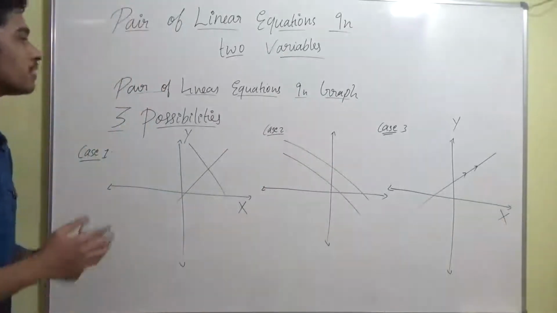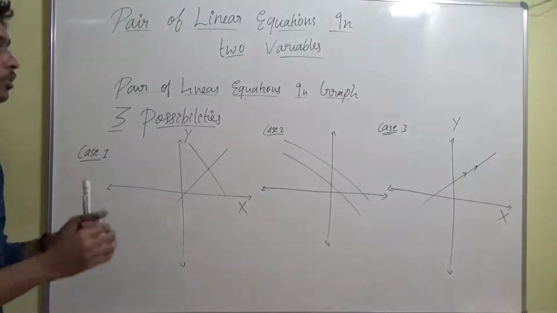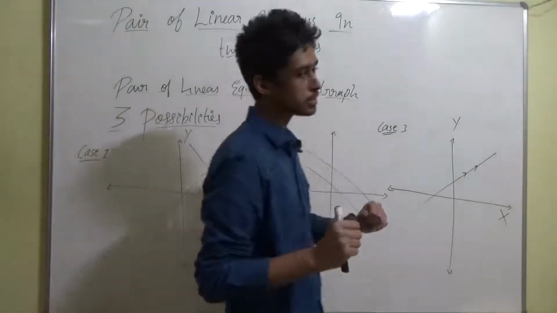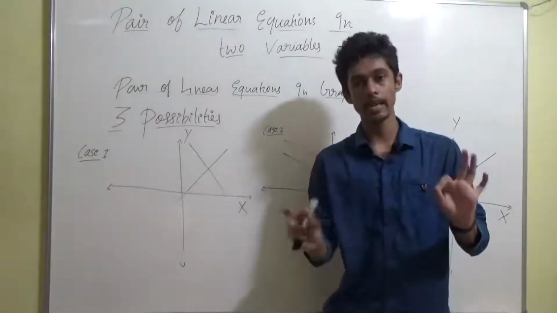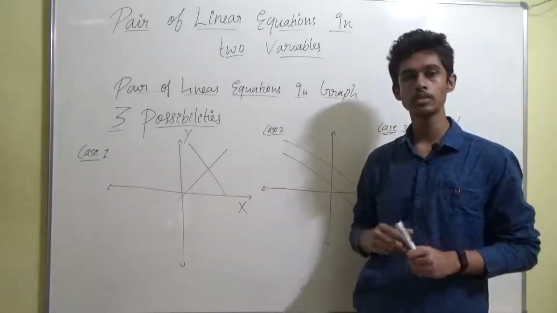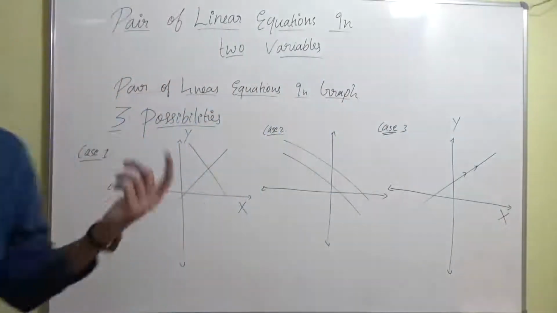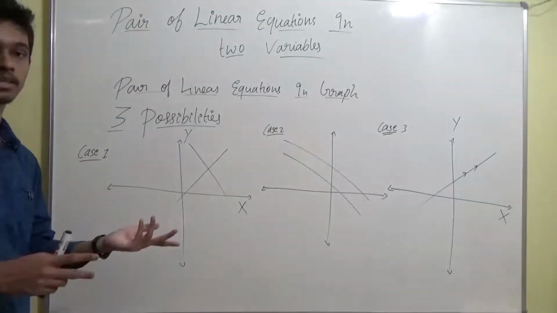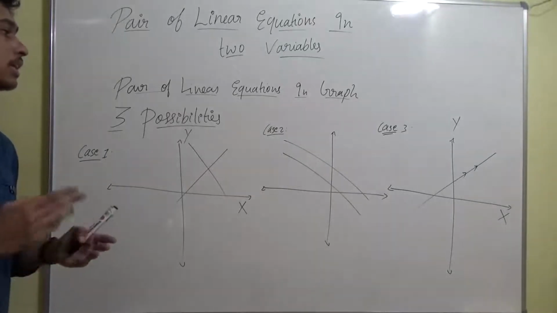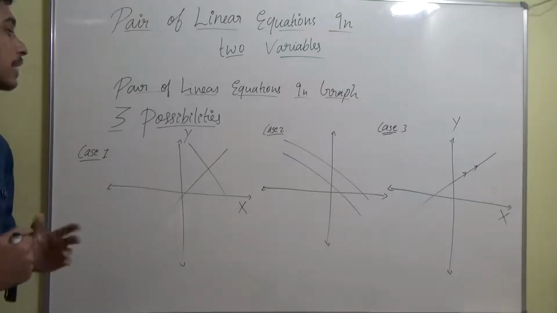In this chapter we'll restrict ourselves to linear equations, so in the graph you'll be getting only straight lines. But since it's a pair of equations, you'll be getting two straight lines: one line for the first equation and a second line for the second equation. When it comes to lines in a plane, there are three possible cases, guys.